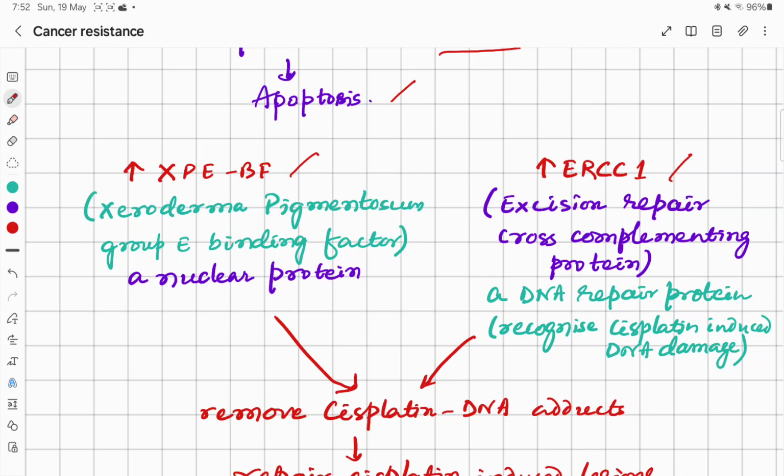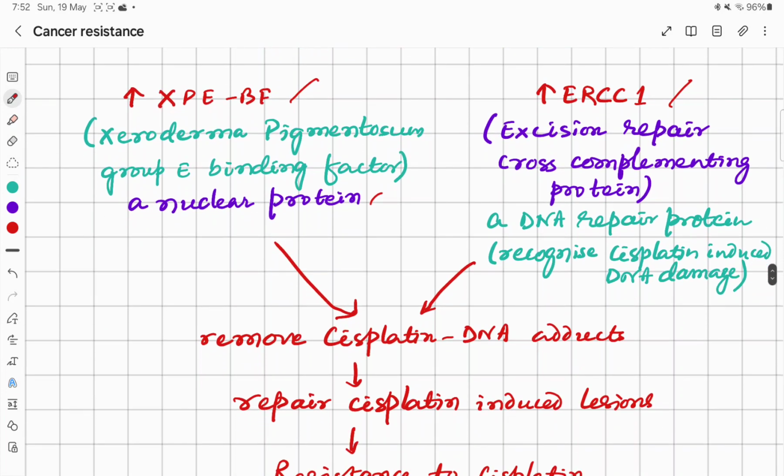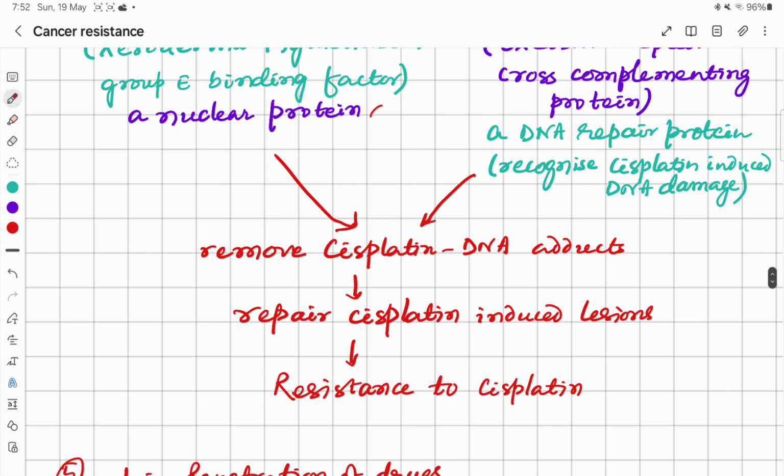XPEBF is a nuclear protein, and they recognize the cisplatin induced DNA damage, remove the cisplatin DNA adducts, and repair the cisplatin induced lesions. So cisplatin induced cytotoxicity is inhibited, and that leads to resistance to cisplatin.